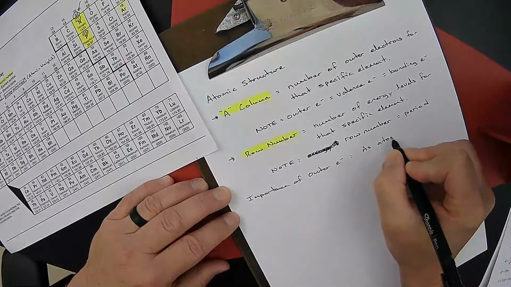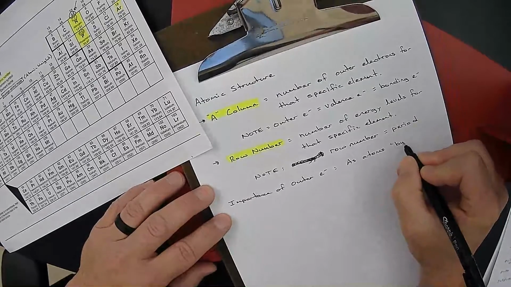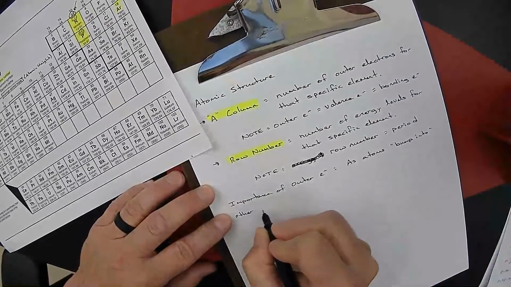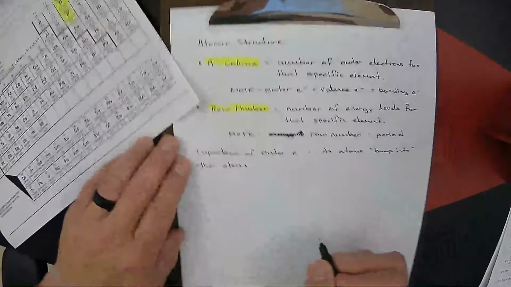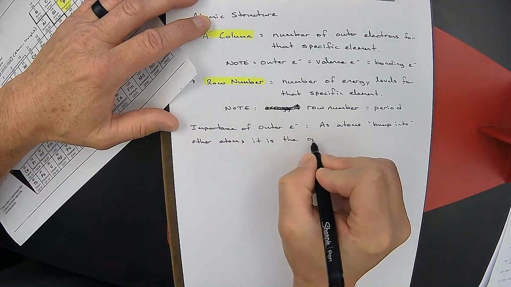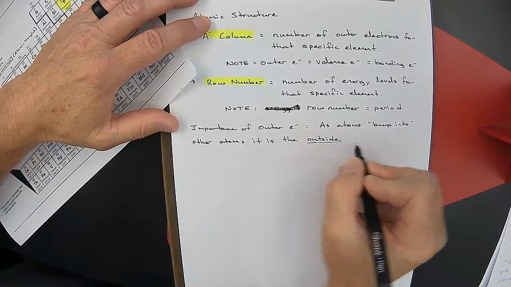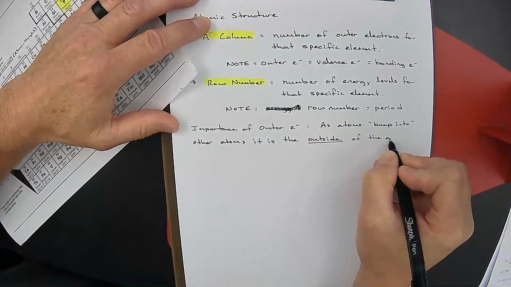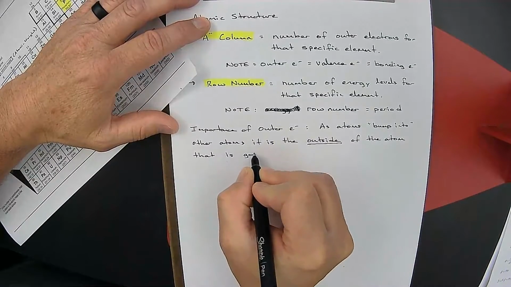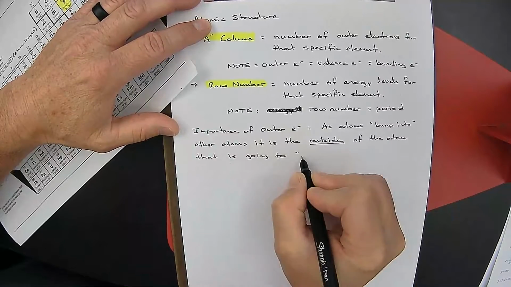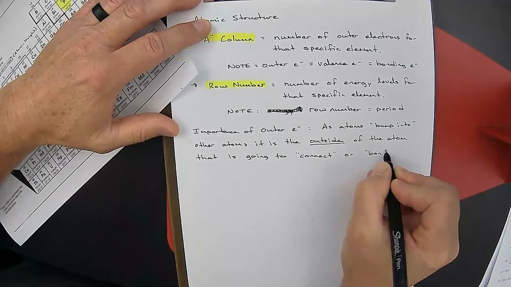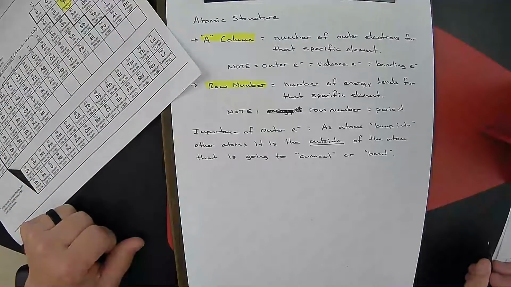As atoms bump into other atoms, it is the outside of the atom that is going to connect or bond.